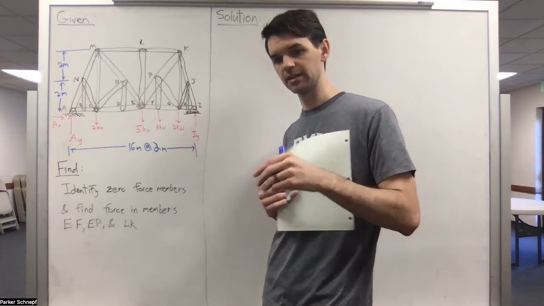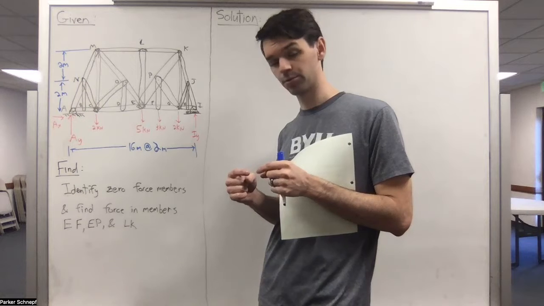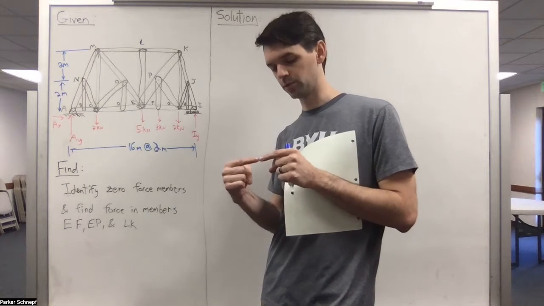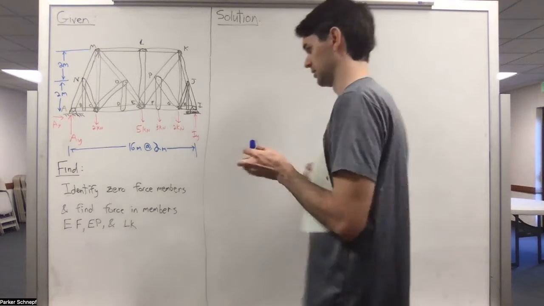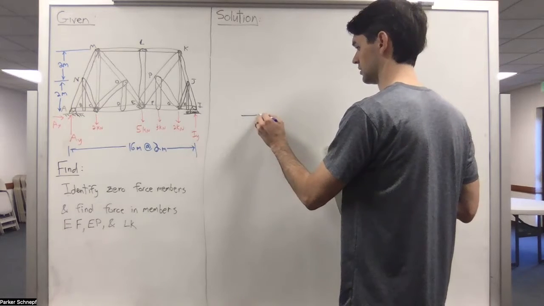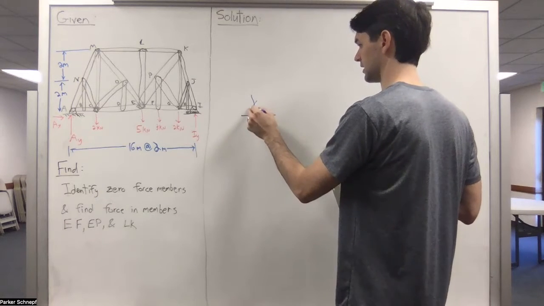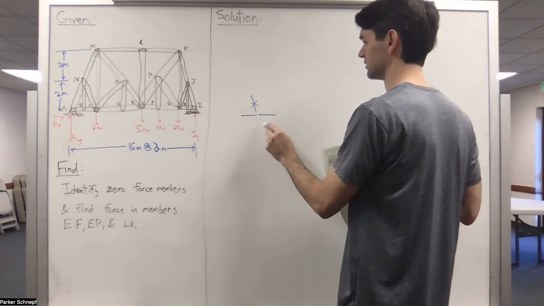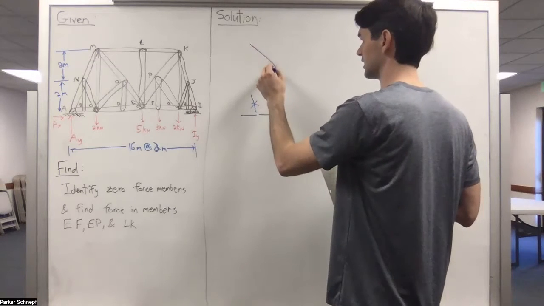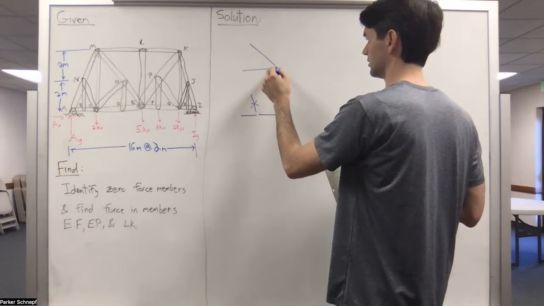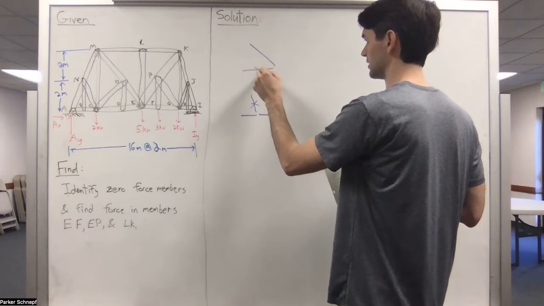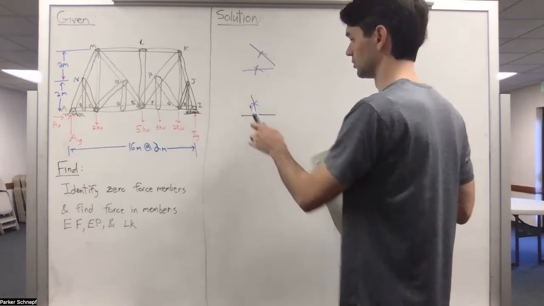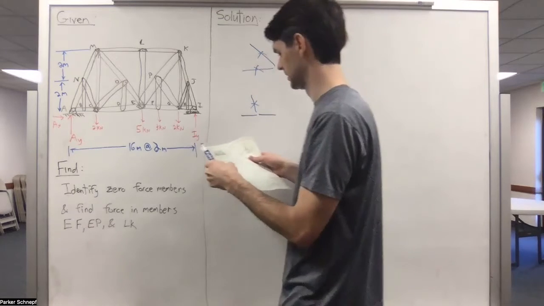Or if we have a joint where there are three members, but two of them are collinear, and the third one is not, then that third one must be a zero force member. Or if there's something like this with no force acting on it, then in that case both of them are zero force members. So these are the sort of conditions we're looking for. So let's see if we can find them.